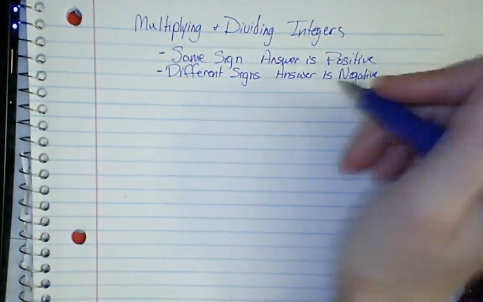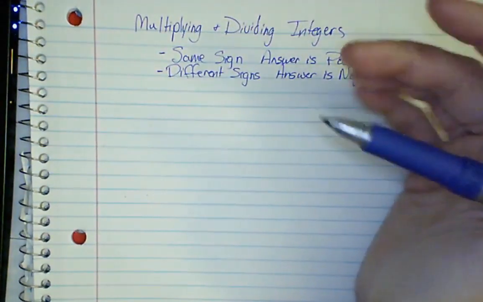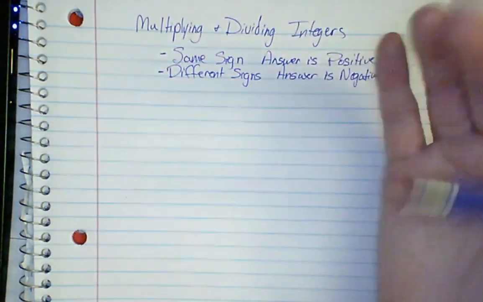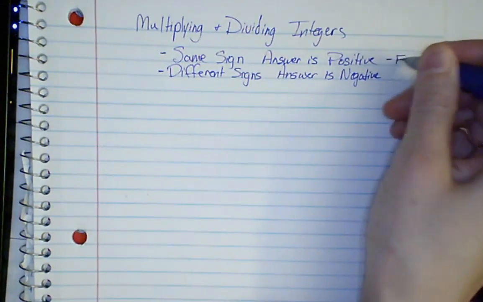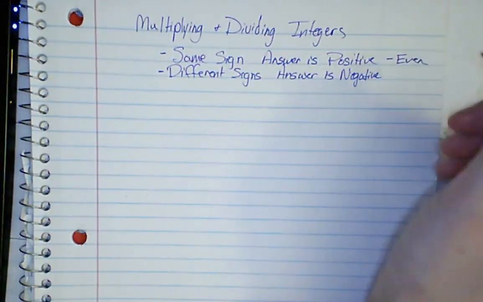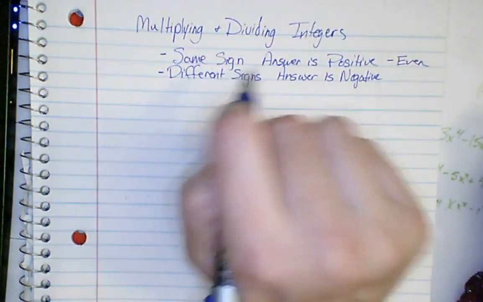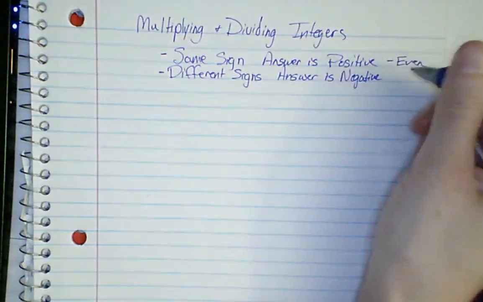And you can extend this into multiple integers, like if you have more than 2 you're working with. If you have an even amount of integers with a negative sign, the answer is always positive.